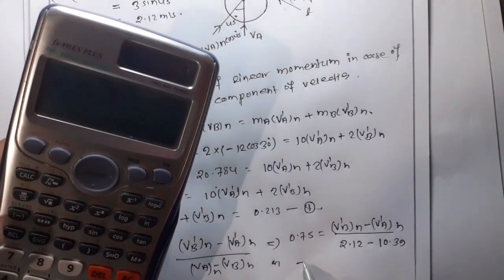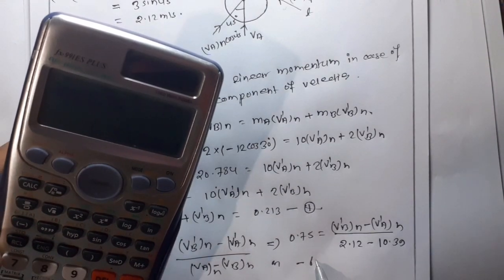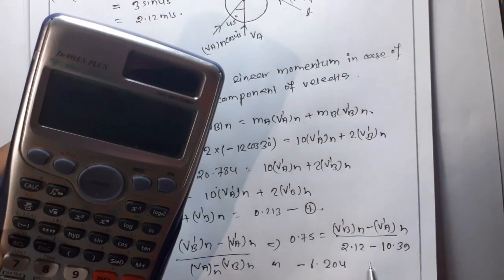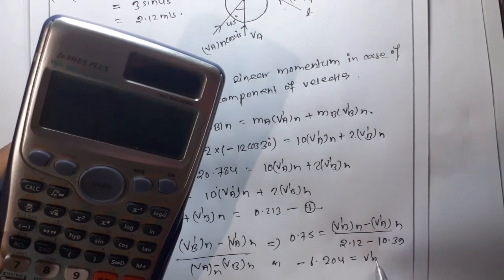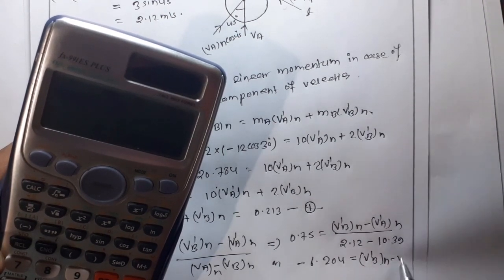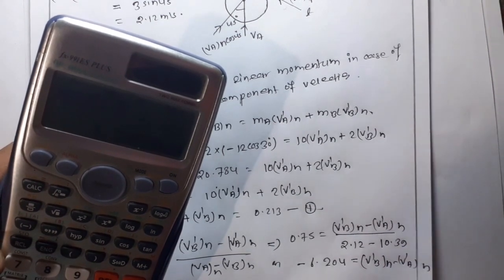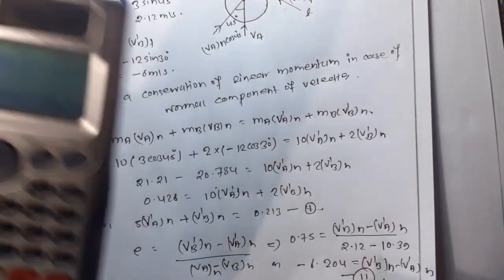So this is minus 6.204 equal to v'Bn minus v'An. So this is equation number 2.